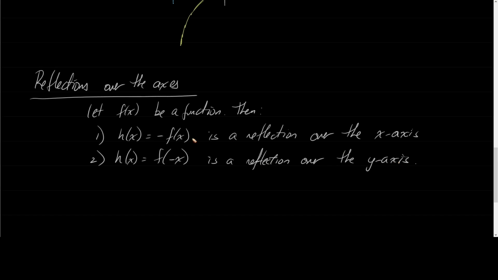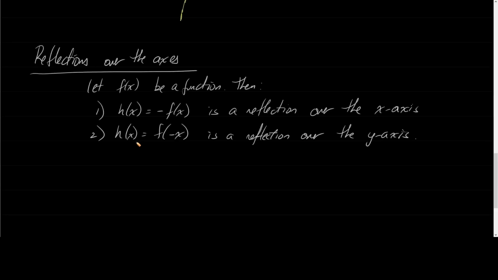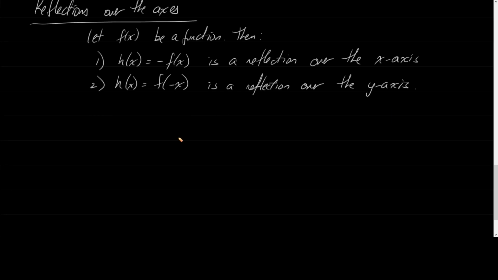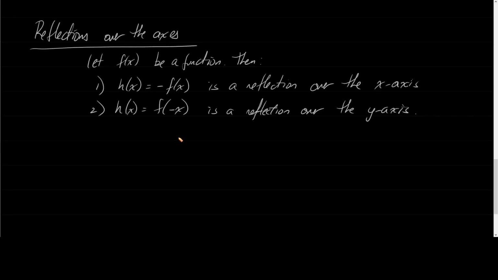So essentially, what is that really saying? When I multiply on the outside, since I'm going to reflect over the x-axis, it is essentially a vertical reflection. Whereas this one, since I'm going to reflect over the y-axis, is going to be a horizontal reflection. So let's see what I mean by that.